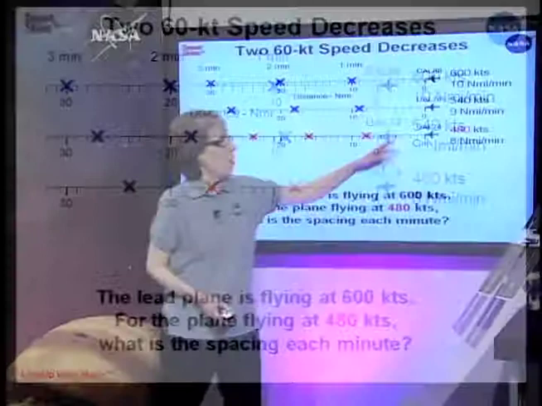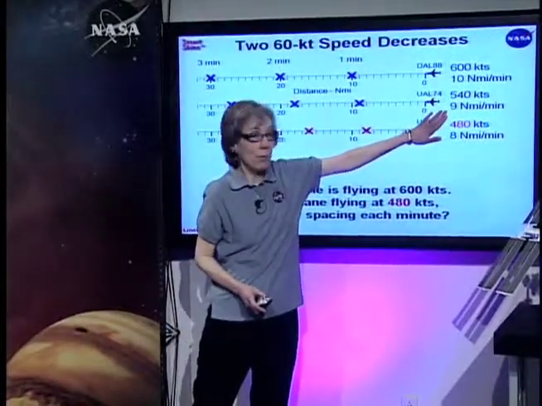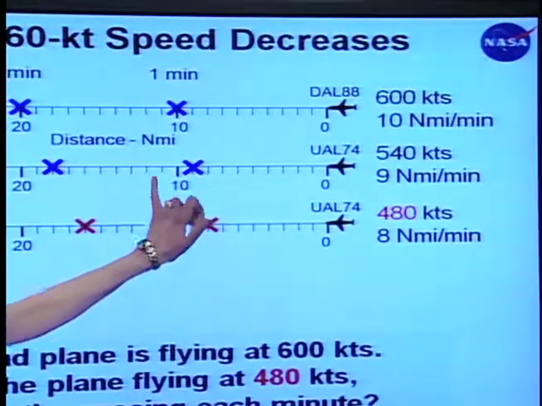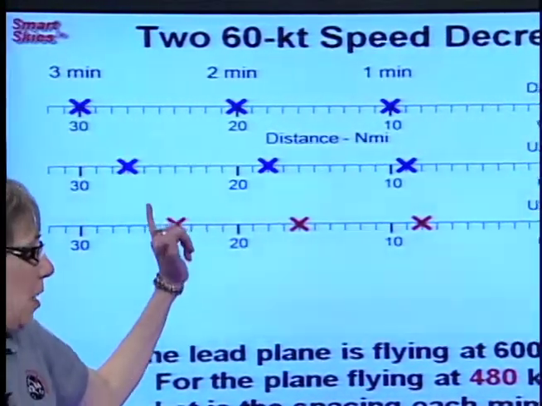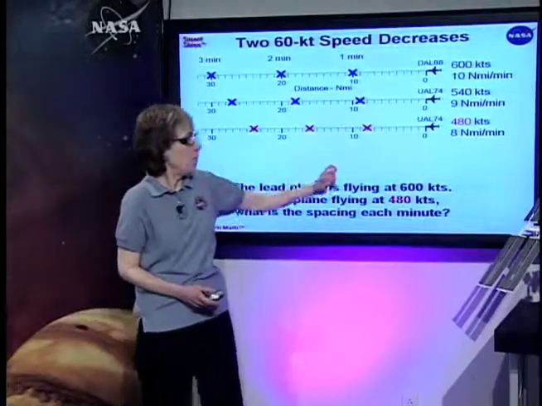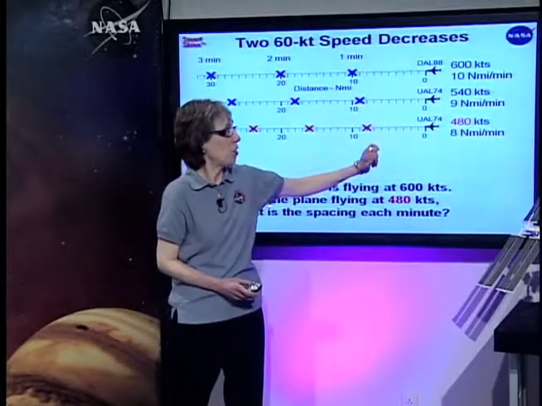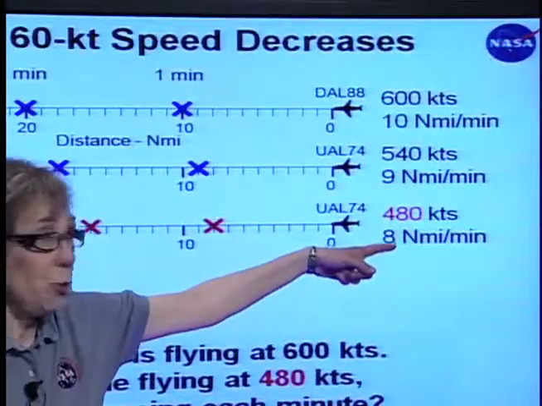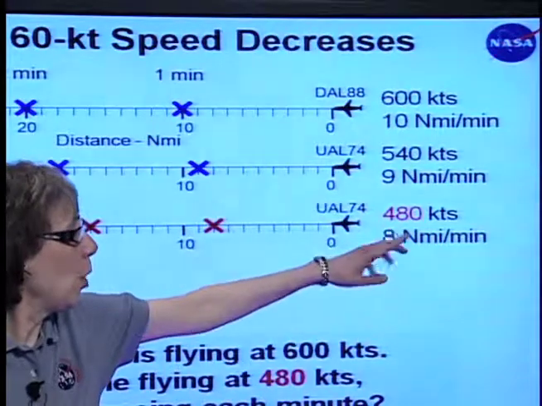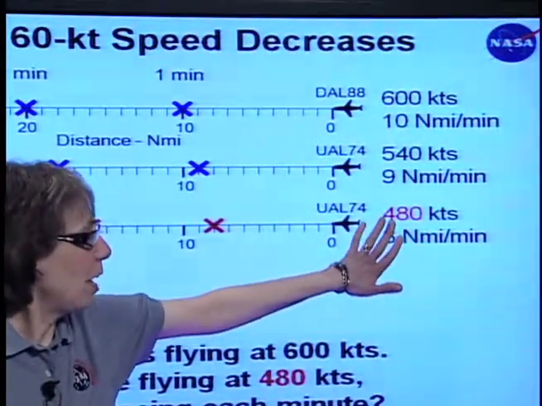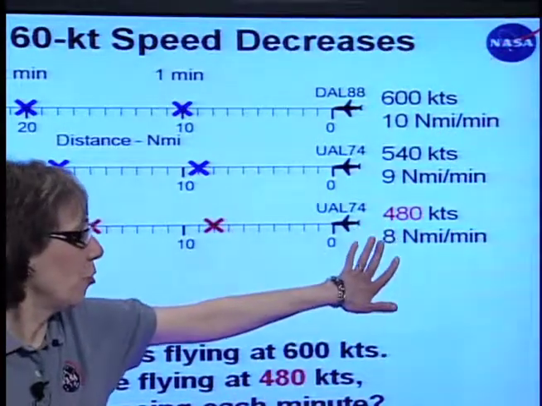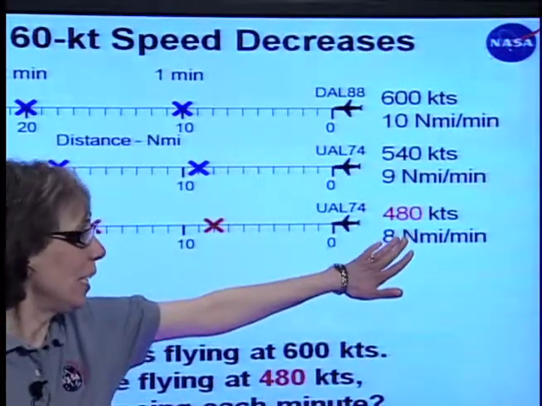We slowed a plane from 600 knots to 540 knots, and we watched it fall behind 1 additional nautical mile each minute. Now what happens if we make another 60-knot speed reduction? So we've made 2 60-knot speed reductions. We've slowed the plane to 480 knots. And if you divide 480 by 60, you'll see that that's 8 nautical miles a minute.